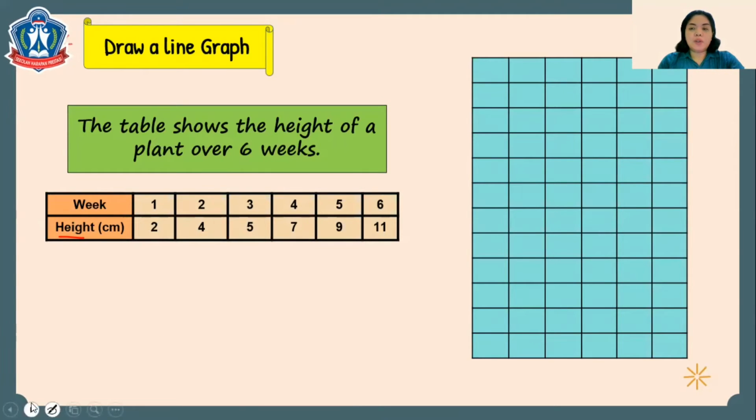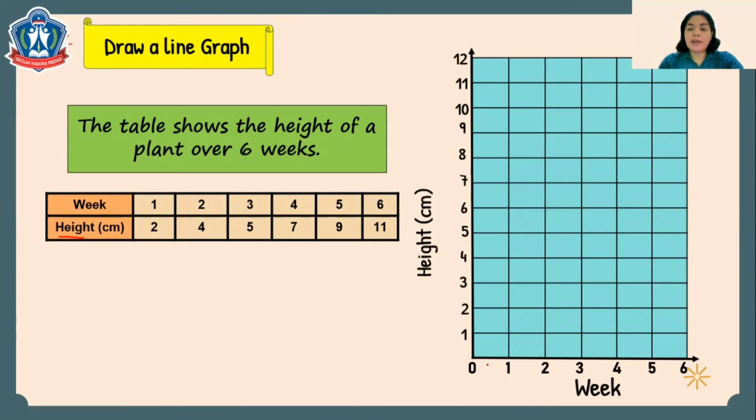After that, you draw the horizontal line and the vertical line. Now, the weeks are on the horizontal line and the height is on the left side, on the vertical line. So let's start. We have 0 here, the starting point. After you draw the lines, you can put the numbers starting from 1.